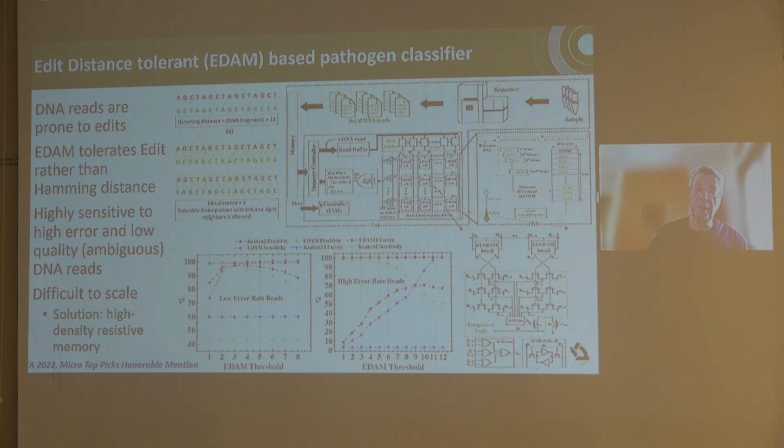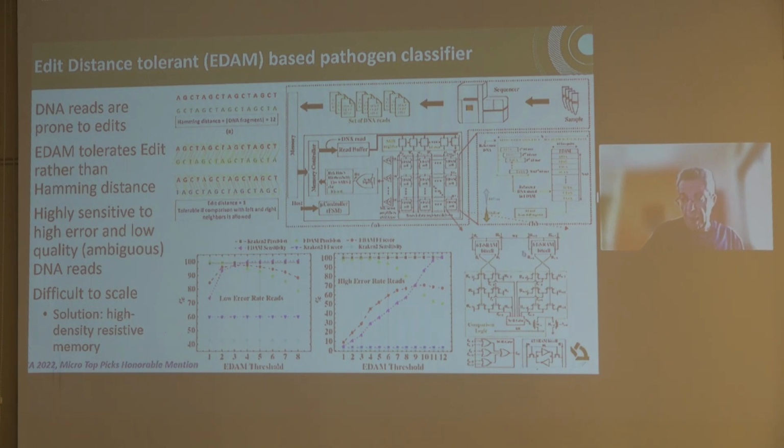We need to build special hardware which accounts for edit distance, not just Hamming distance. And that's what we did here. Again, I'm not going deep into the design. Here in the center we have a similar looking pathogen pipeline, but the solution is based on an edit distance tolerant memory structure rather than Hamming distance tolerant.